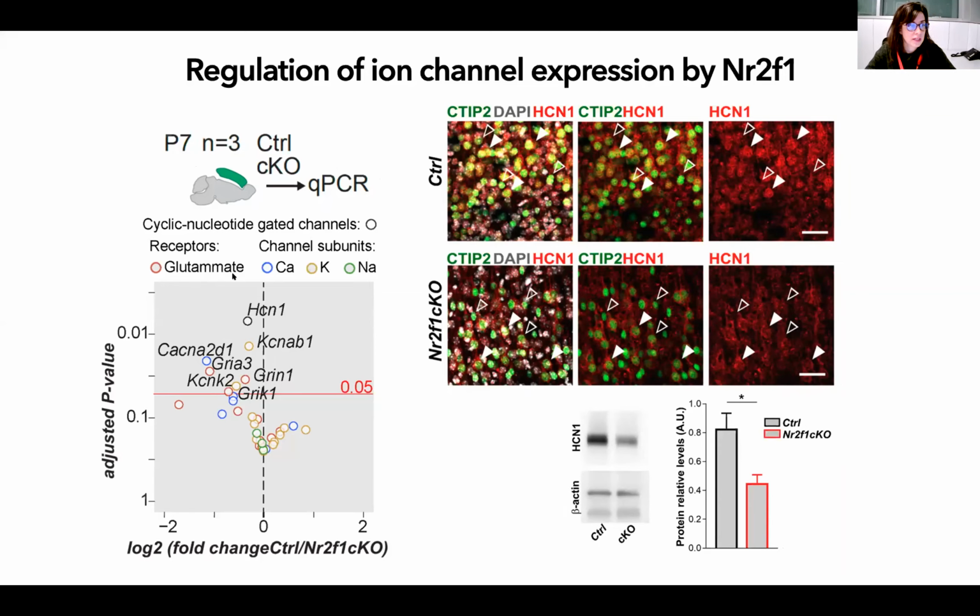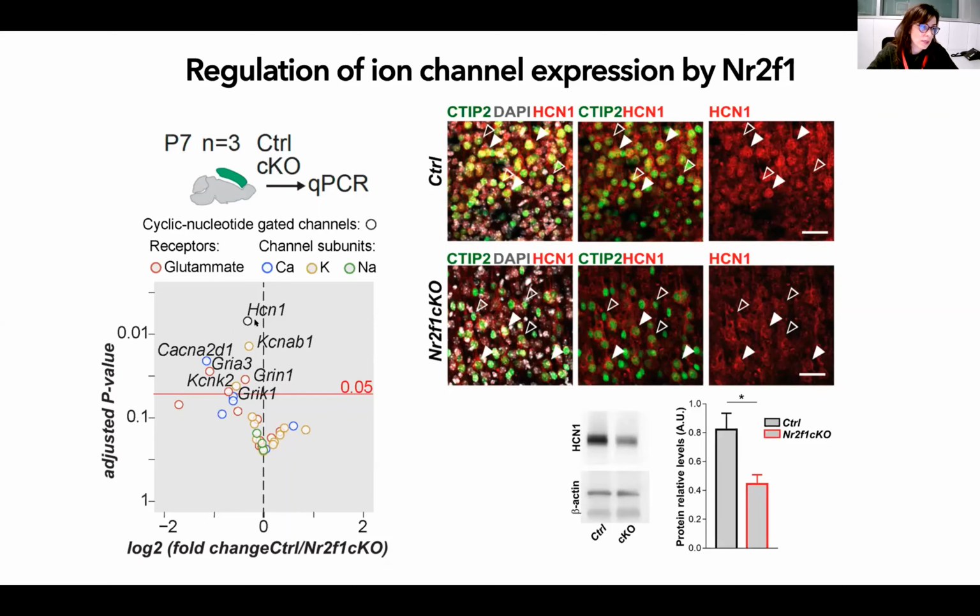From the 33 channels, we observed a reduction in the expression levels of 7 channels. You have them depicted here, and the most pronounced change in expression was observed for HCN1.